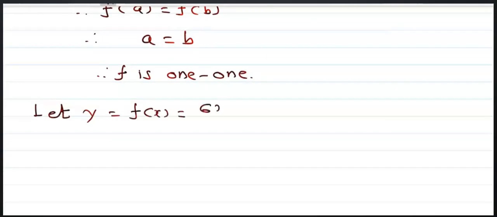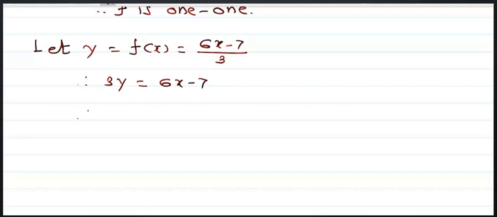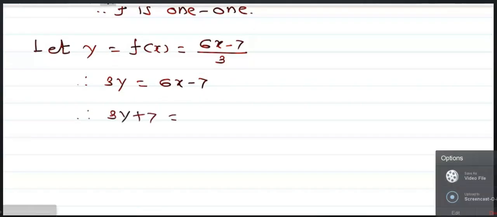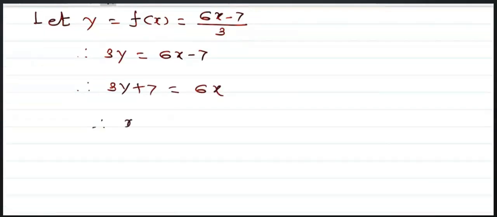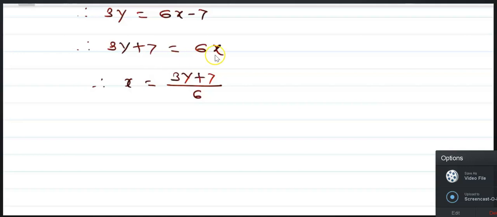Now we'll prove that it is onto. Suppose y is equal to f of x, that is, 6x minus 7 upon 3 is equal to y. After simplification, find the value of x in terms of y. That is, 3y is equal to 6x minus 7. Therefore, x is equal to 3y plus 7 upon 6.